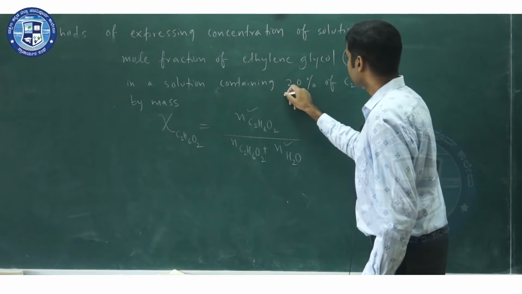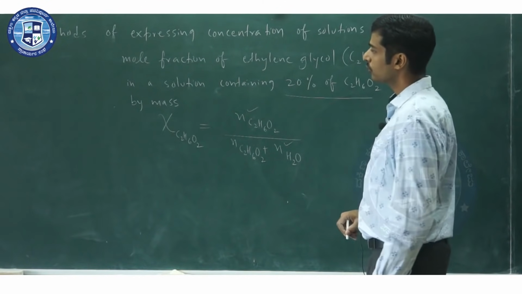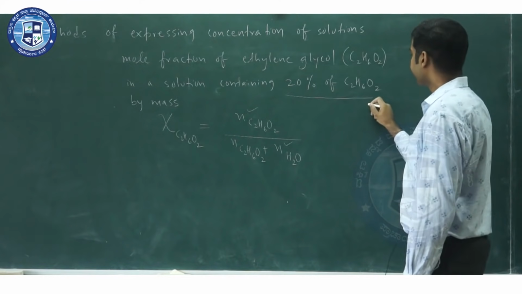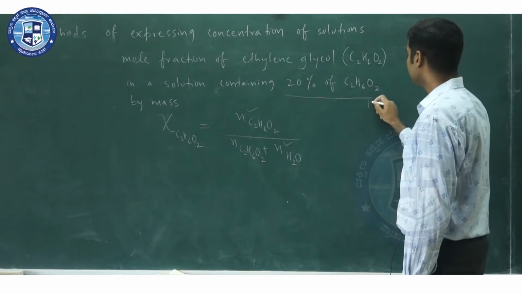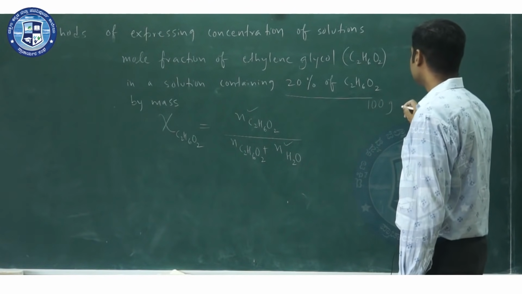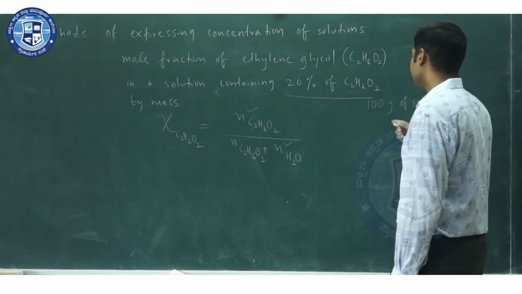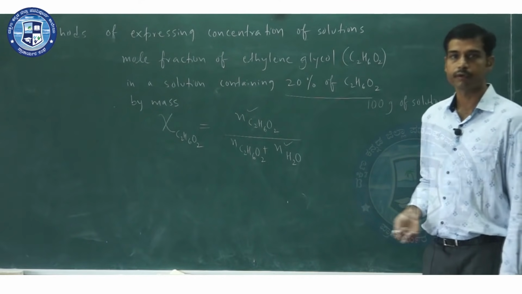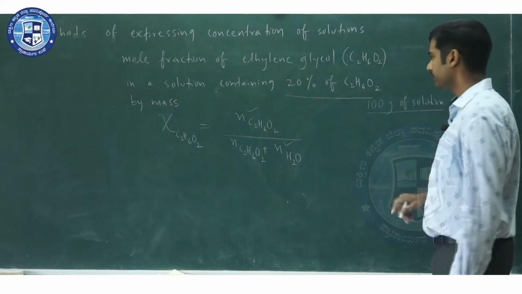They have mentioned that the percentage of ethylene glycol is 20 by mass. Hence, let me consider a hypothetical case, an imaginary case wherein 100 gram of solution is taken. I might take any mass, 10 grams or 50 grams or whatever, but for the sake of convenience, let me take 100 grams.